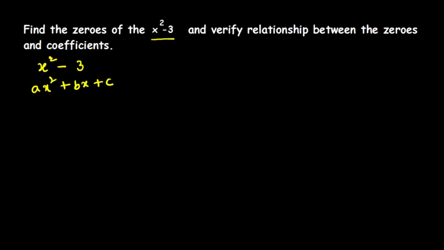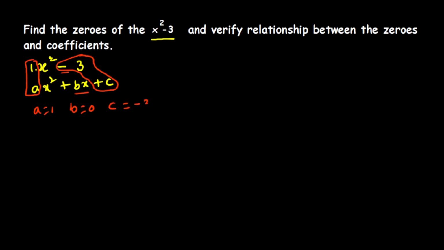X square means you take 1 into x square, so a equals 1, the x square coefficient. There is no x coefficient here, so b equals 0. But the constant is here along with the sign, that is minus 3, so c equals minus 3.